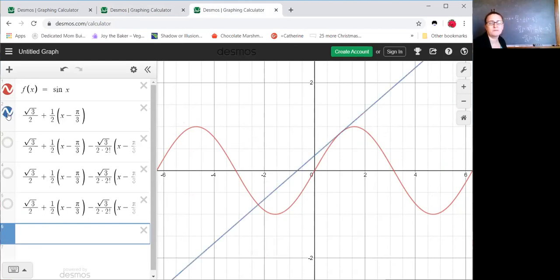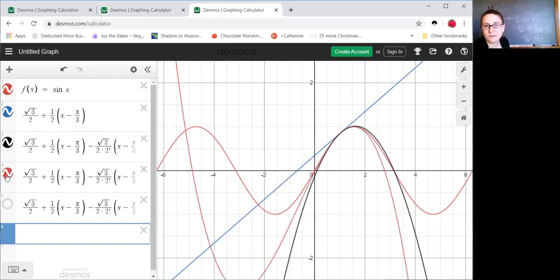It's way off. This approximation is good around x equals pi over 3, okay? So here's x equals pi over 3, and as I add another term, I'm getting my good approximation around the point which is the middle here, right? And so that's why it's called expanded around that A, which here is pi over 3.